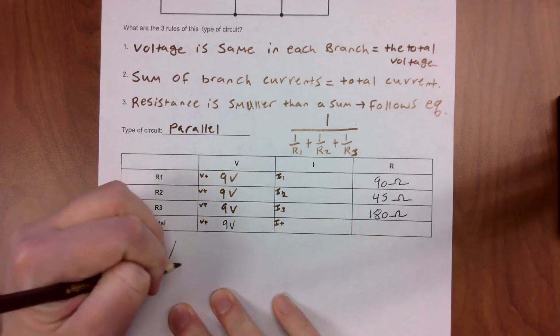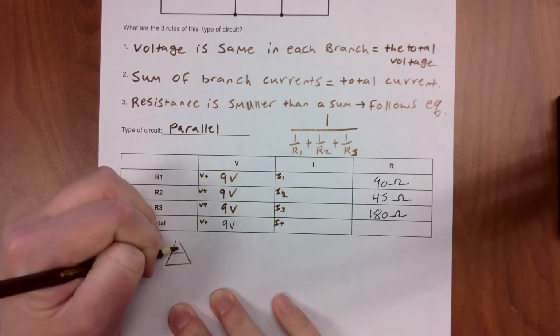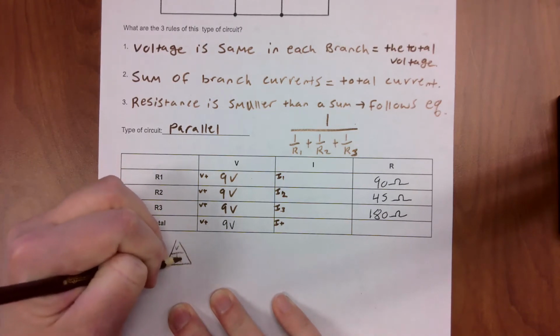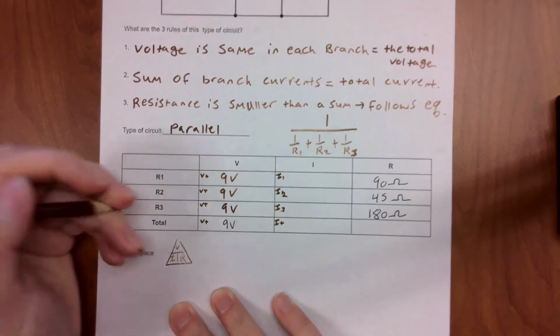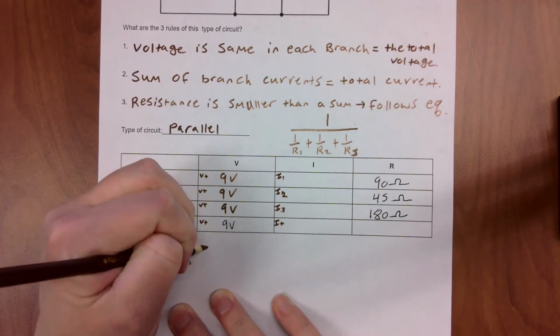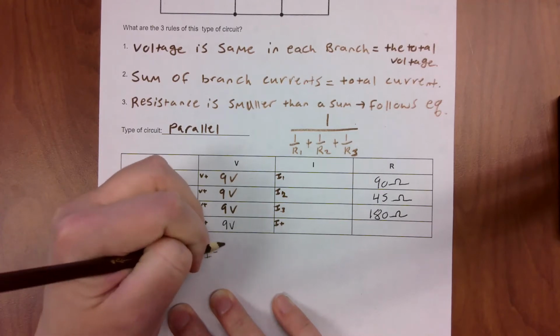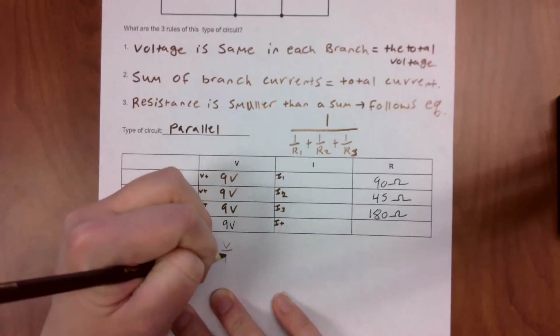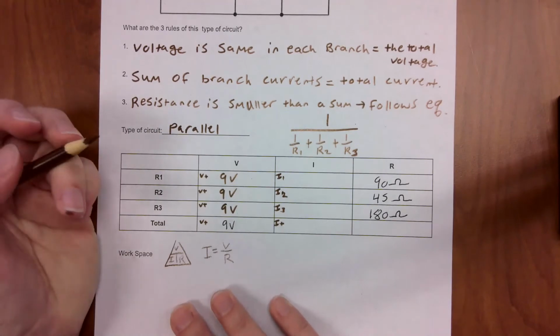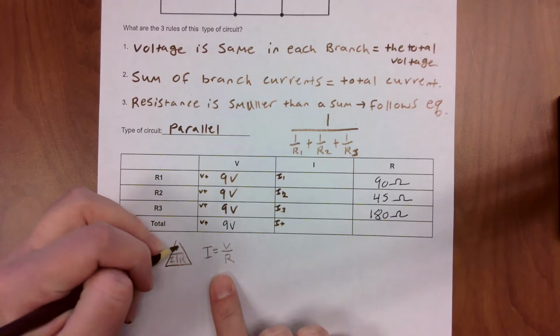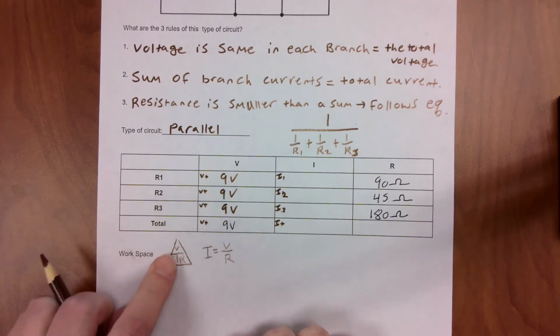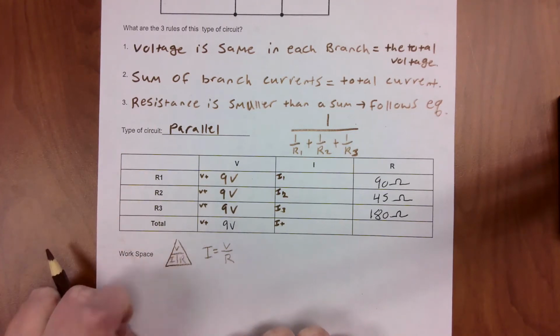And if we remember, this is our triangle, and our equation that we normally see is I equals V over R. So I, what we're looking for, is V over R according to our triangle.